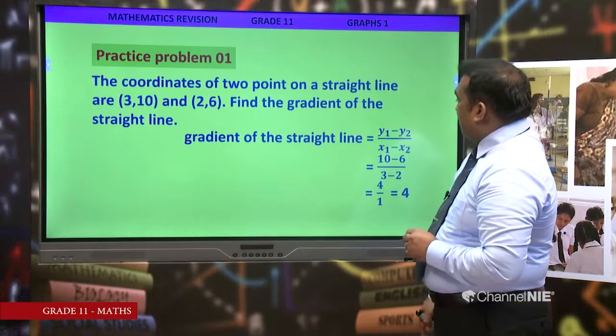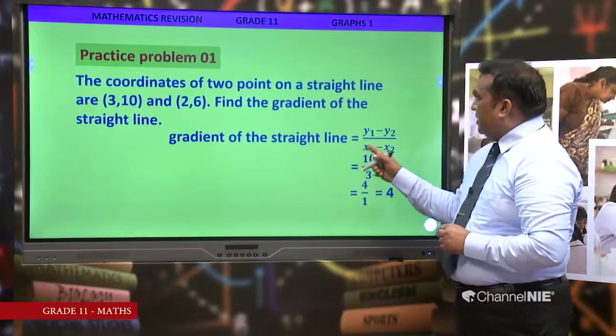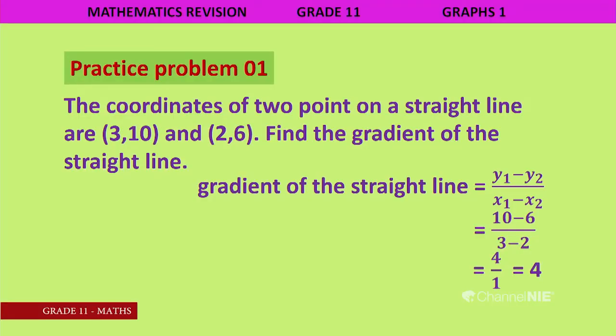Gradient of the straight line according to our definition: (y1 minus y2) over (x1 minus x2), so y1 is 10 minus 6, divided by 3 minus 2. It means 4 over 1 equals 4. Now we know that the gradient of this straight line is 4.